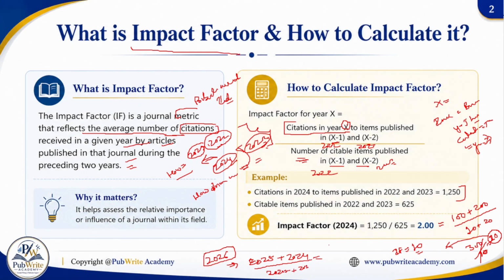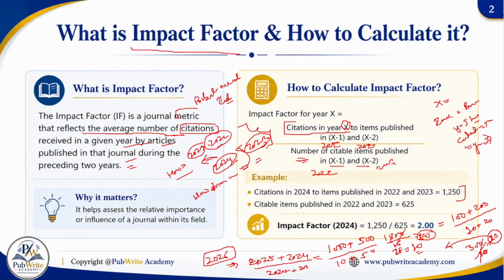Let's suppose we received 1000 citations in 2025 and 500 citations in 2024, divided by, let's take 10 documents here and 5 documents here. So 1500 divided by 15 will come to around 100. That means the impact factor of this journal is around 100.